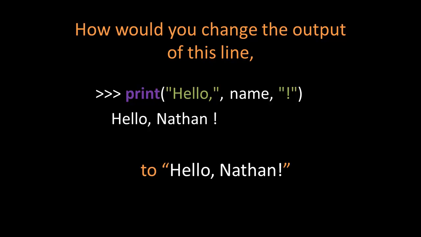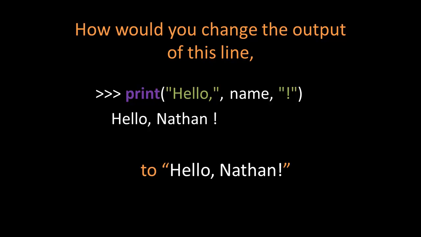So what I want you to do is change around the innards of the print statement, the parameters rather, and see if you can create an output that says hello, Nathan exclamation mark with no space. Remember something very important. This is part of a function, and the function asks us a name and it outputs that name that we give it.